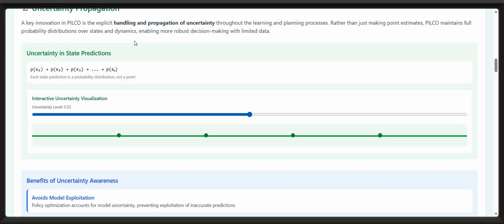So instead of saying at time step 1 the state is exactly this, we say there is a distribution over possible states, and the same goes for step 2, step 3, all the way up to the planning horizon. In the notation here we have p of x1, x2, dot dot dot, up to p of x sub n, and each of those is a distribution, not a fixed value.